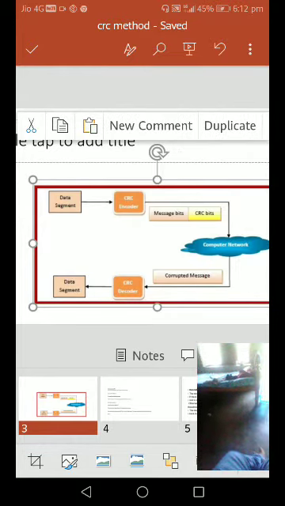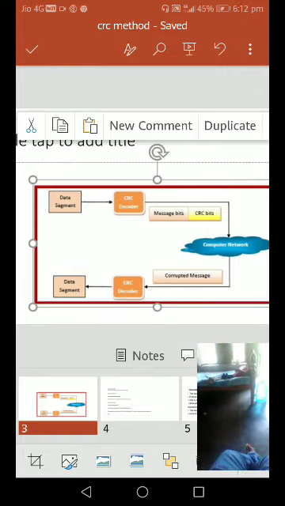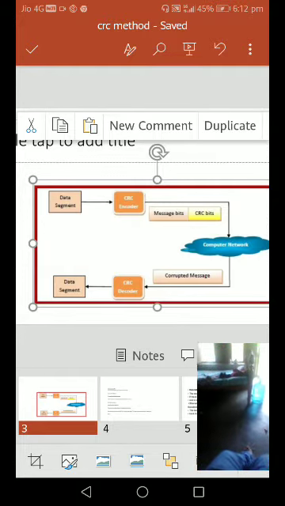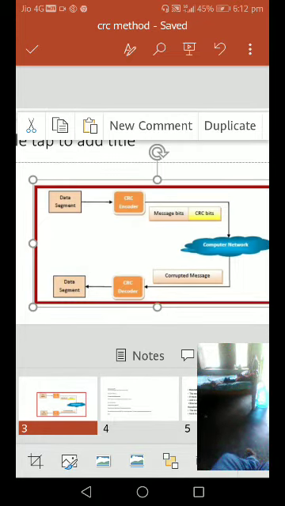After that it is connected to the network, that is, the computer network. A network is basically two or more devices interconnected to share information.